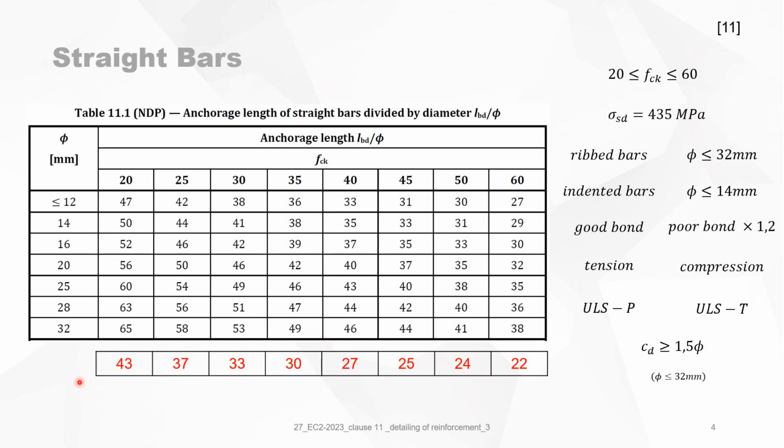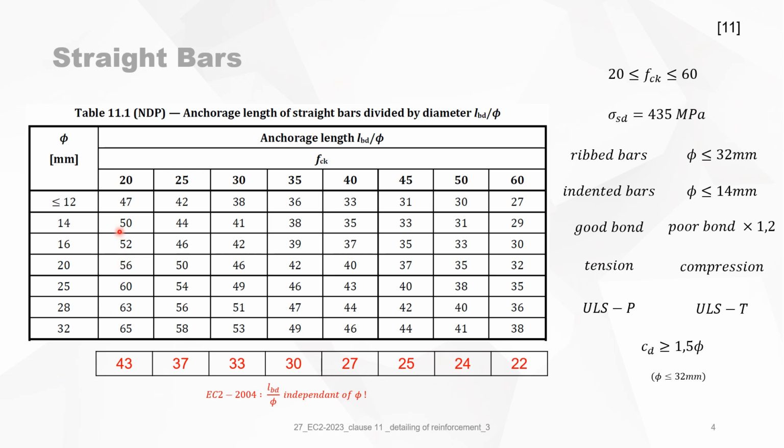Now we can compare this with Eurocode 2 version 2004. In the version of 2004, the ratio lbd over phi is independent of the diameter, so each line in the table is the same number as the red ones here on the slide. So this is also already peculiar.